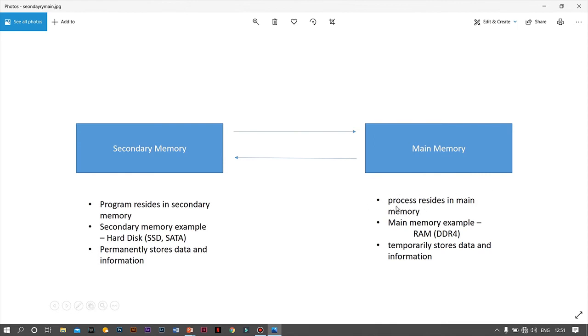Why does it become a process? Because it needs to produce a result. That instruction or command must be executed. Okay, and execution is done only in the main memory. Remember that. And that's why we say that a process is a dynamic concept.